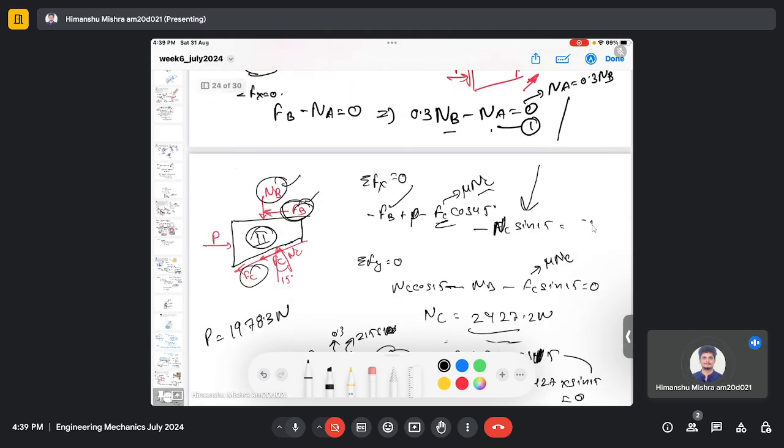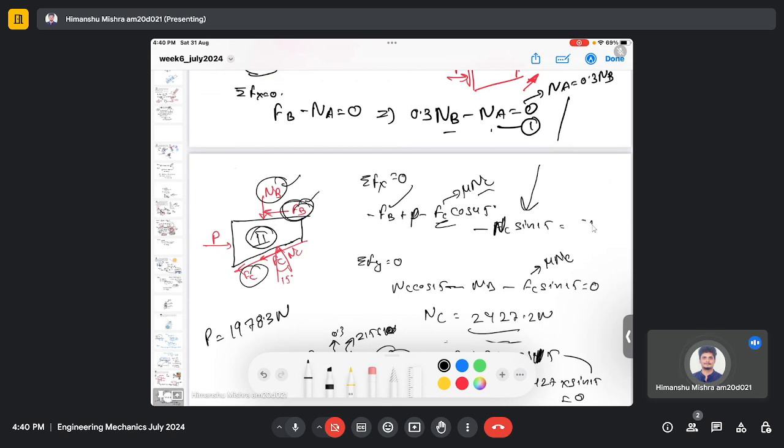So now again we come to the second block, and we saw that the same normal reaction force NB and friction force FB are acting on block 2. On block 2 we separately make the free body diagram, and then use the force and moment balance equations.